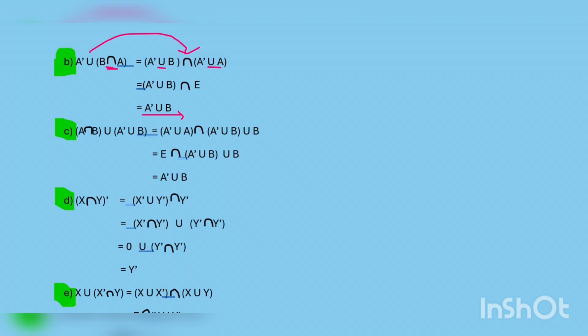So we have C, the A intersection B with the union of not A union B. This was a very tricky one, and I want you to pay close attention to this one specifically. Notice when we did the distribution here, it is the first set of brackets that we distributed for.